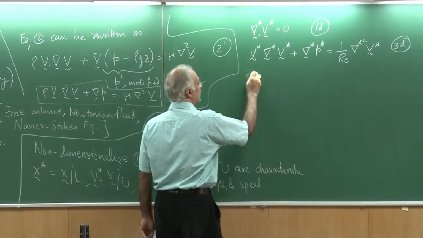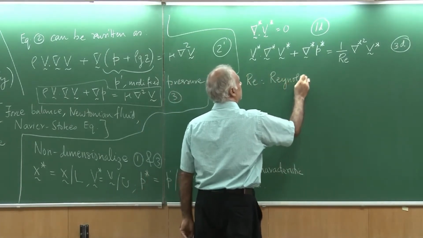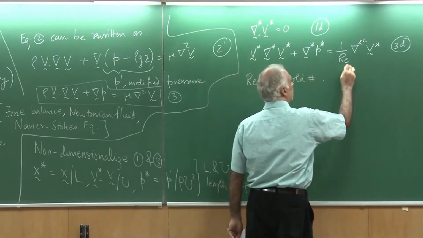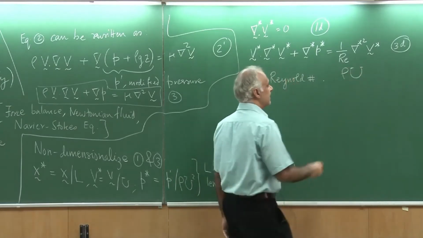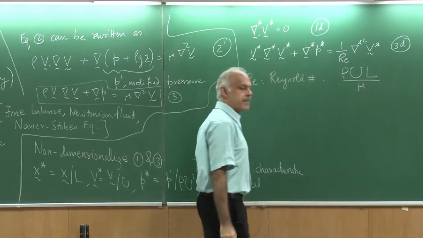And the Reynolds number Re is defined as rho times the characteristic speed U times the length scale L divided by mu.